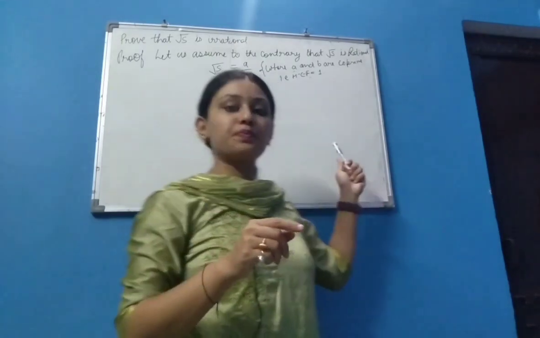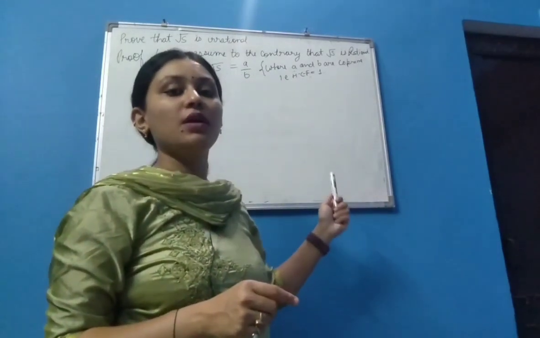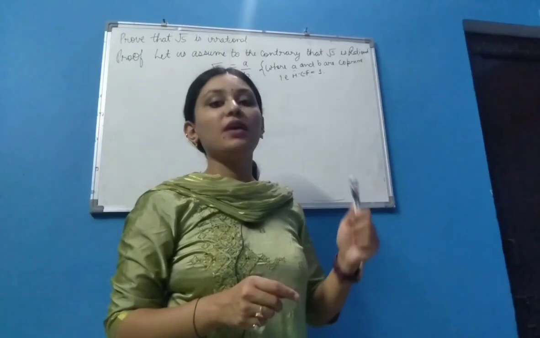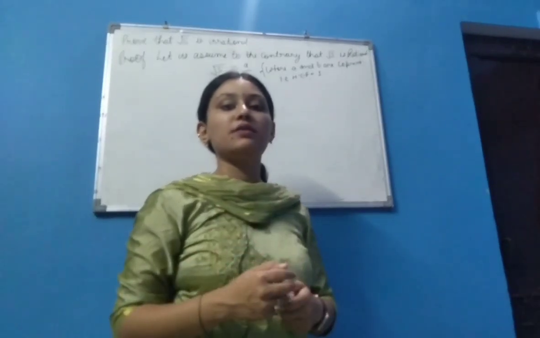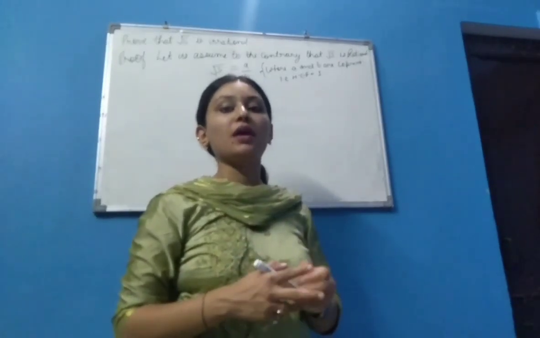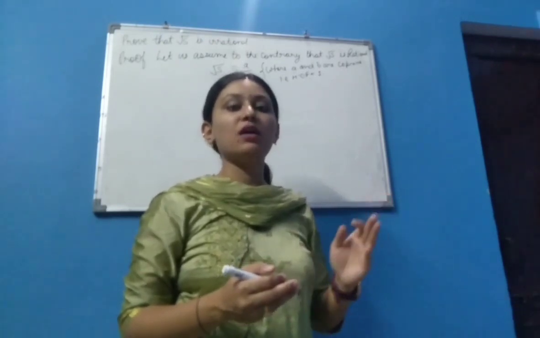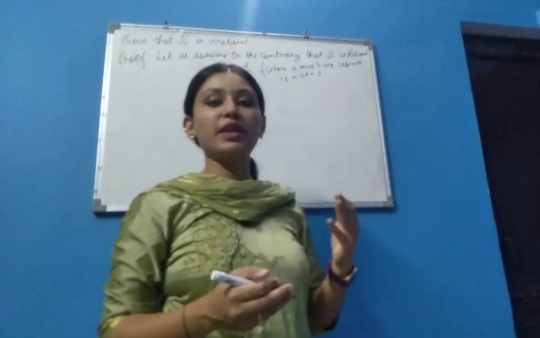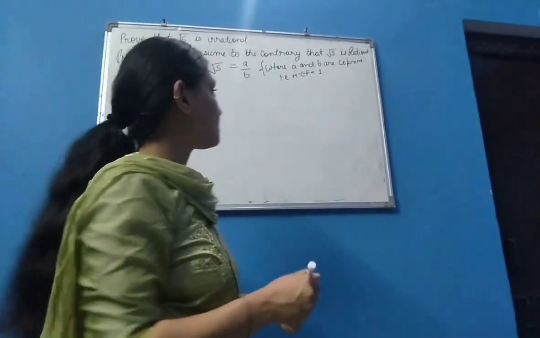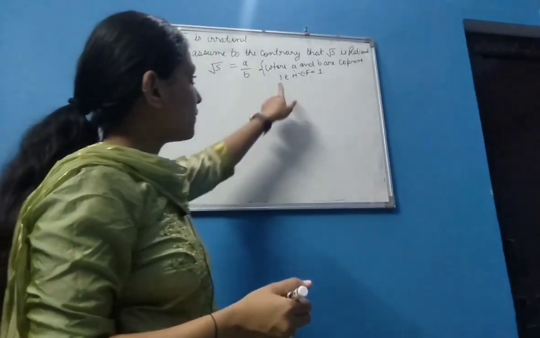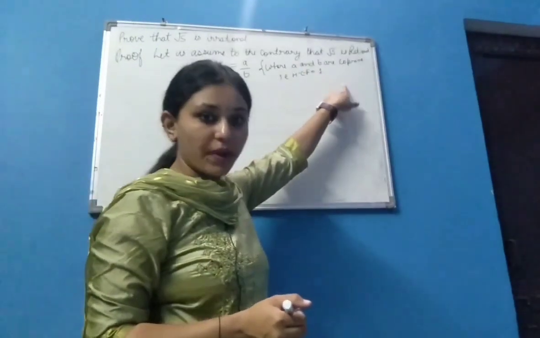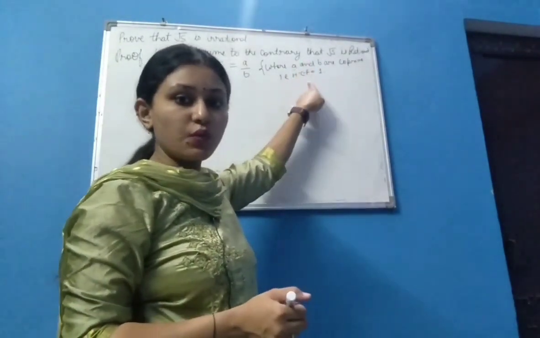But when we move forward with this proof, we will see that we will get a common factor other than 1. हमें A और B का 1 के अलावा common factor मिल जाएगा. So ये contradiction create करेगा. ठीक है? So we have A and B as co-prime, that is, HCF is equal to 1.